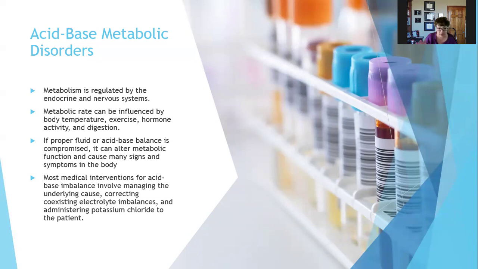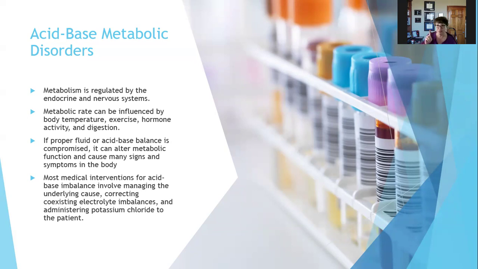Really, the metabolic processes that the cells need to go through need that particular range of acid-base balance in order to function. So there are three mechanisms that control the acid-base balance in the body.